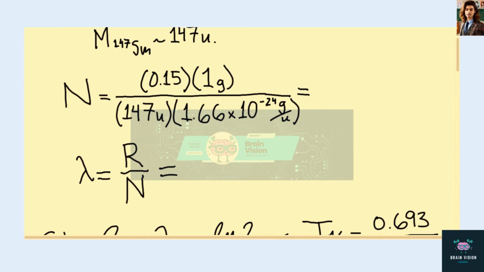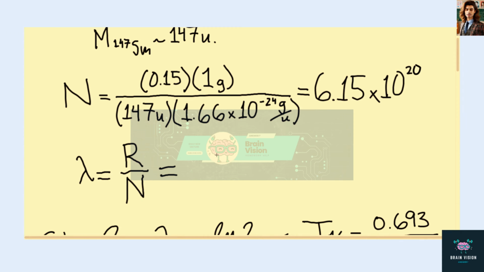Doing that, we find there are 6.15 times 10 to the 20th nuclei present in the sample.